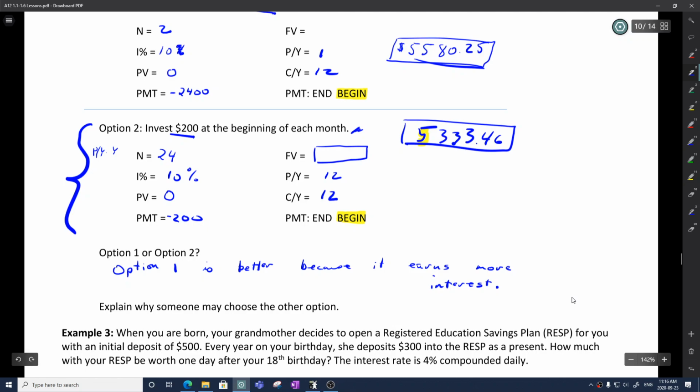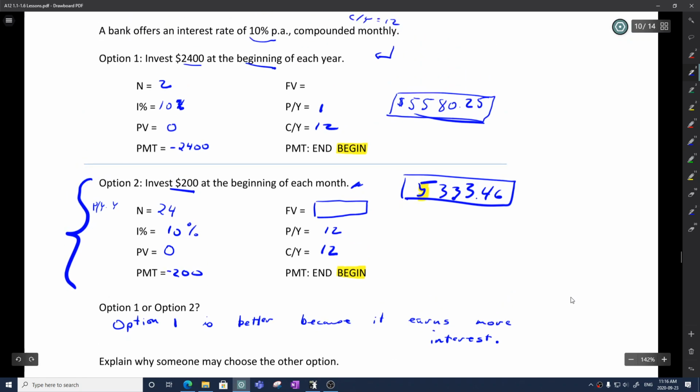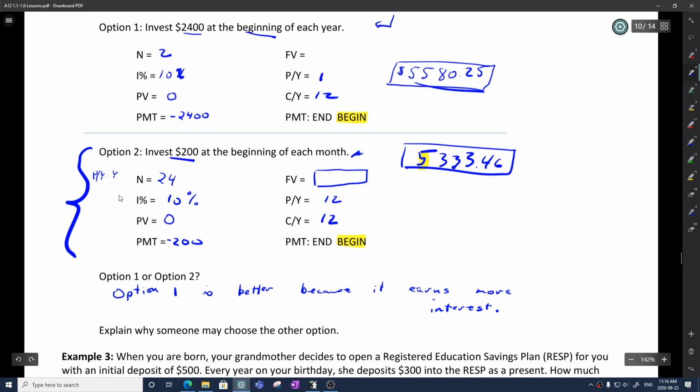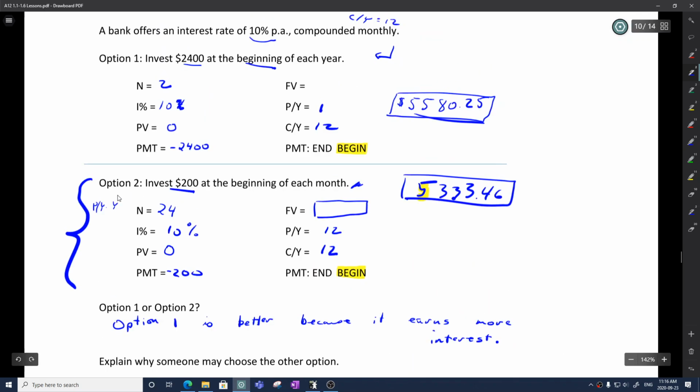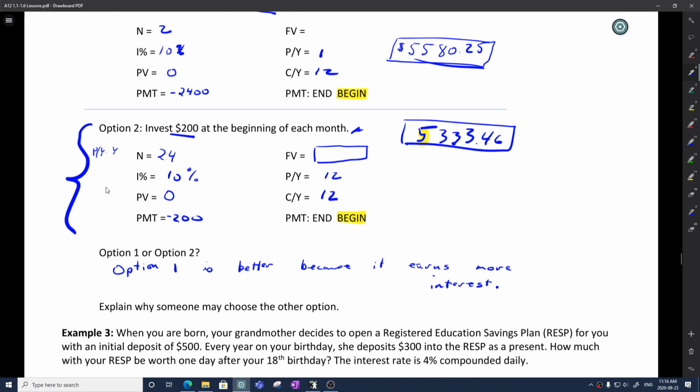Now explain why someone may choose the other option. Why might somebody choose option 1, where I invest $2,400 at the beginning of each year, versus option 2, which is $200 at the beginning of each month? Well, why somebody may choose option 2? It's very simple. I do not have $2,400 lying around, but each month I might be able to part with only $200.